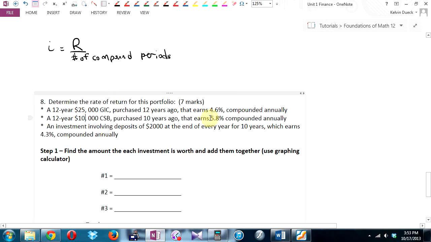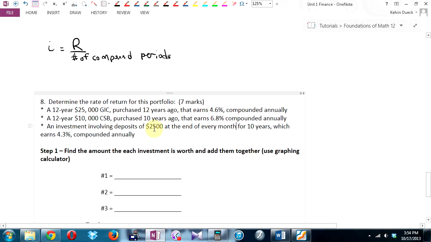Well, no, let's change everything so that you don't get mixed up. How about 6.8%? And let's deposit $2,500 at the end of every month. You know what?